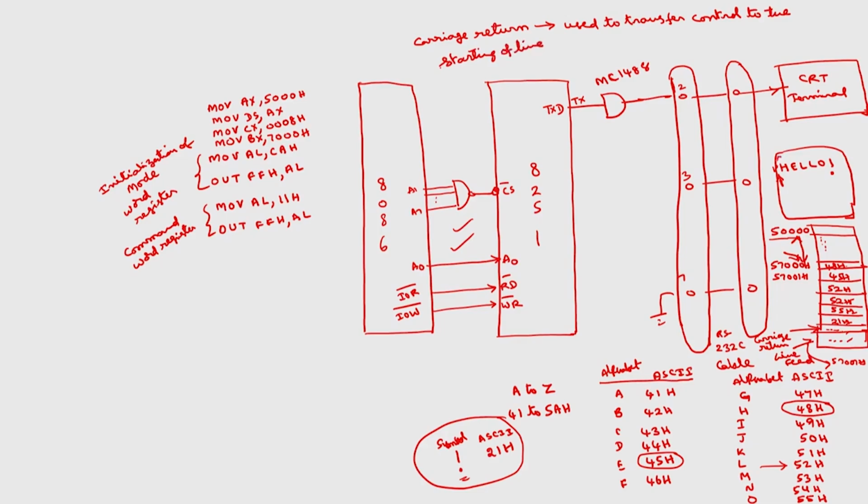After hello, again the control will come to this point, but I have to change to the second line. So, for that we are going to use line feed. Line feed is used to return to the next line.